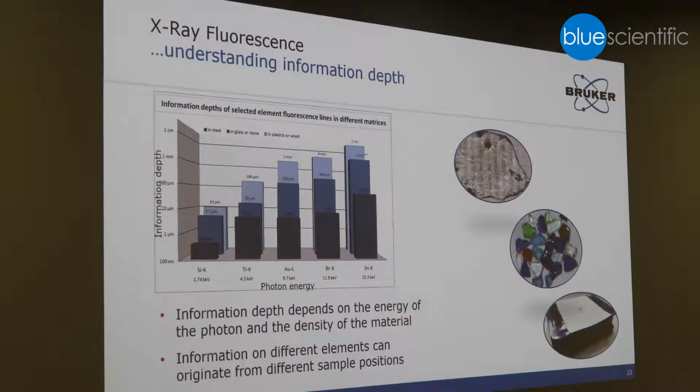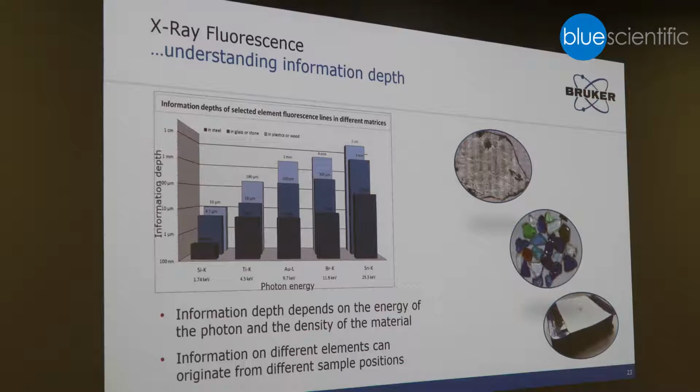In contrast, if you go to the other side of the element range, so if you go to the tin K line, which corresponds to 25 keV, in the heavy matrix the information depth is about 70 microns. So that means you see a tin K line up to 70 micrometers.